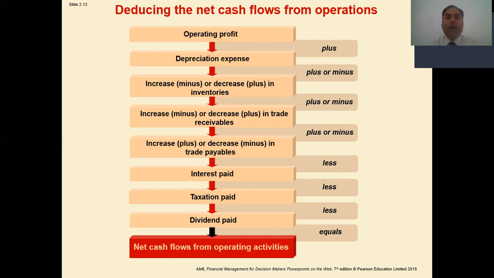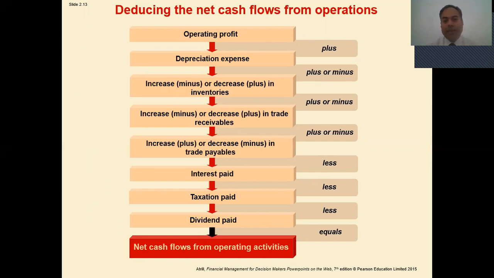This method shows you a reconciliation between your profit and what closing cash you have in the bank. That's quite important to know. And if I'm analyzing a business, I will know how they're getting their cash and what they're doing with their cash.